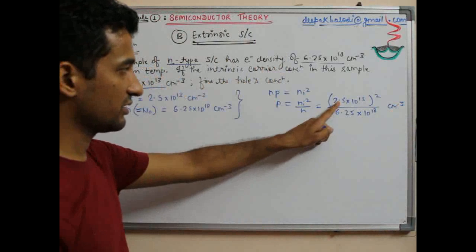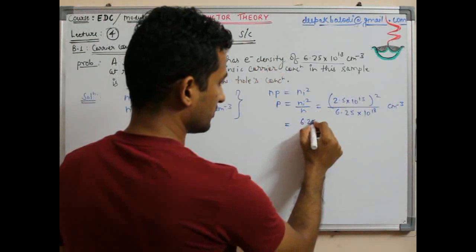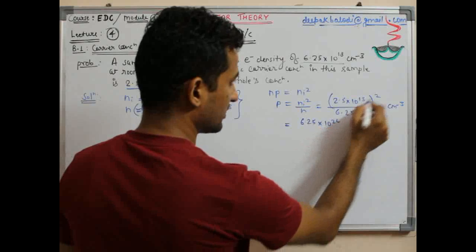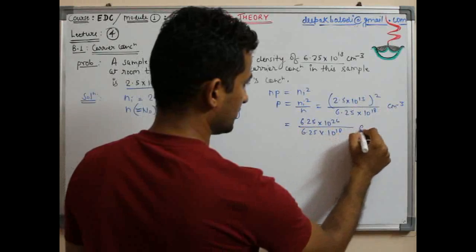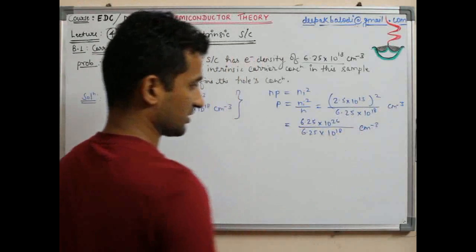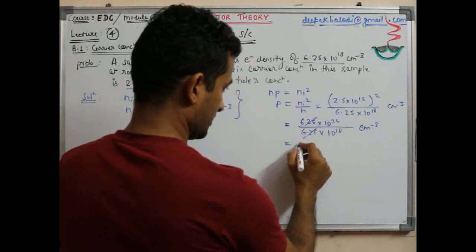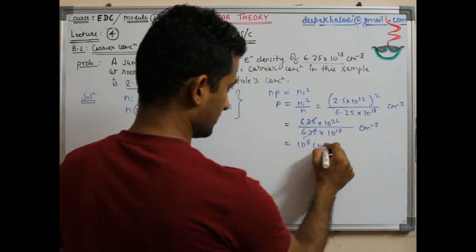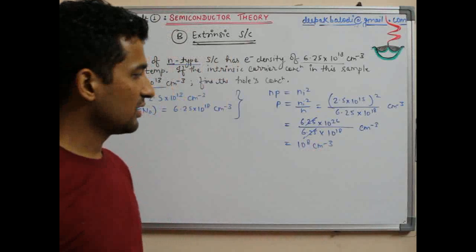The numerator comes to 6.25 into 10 to the power 26, upon 6.25 into 10 to the power 18 per centimeter cube, and this is basically 10 to the power 8 per centimeter cube. So this is very easy.